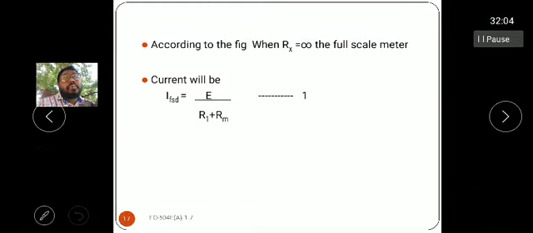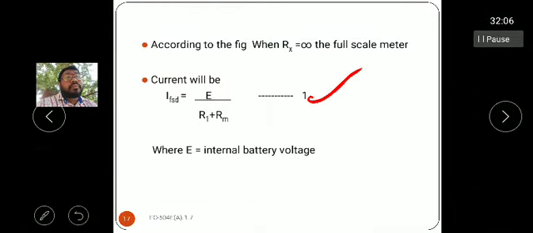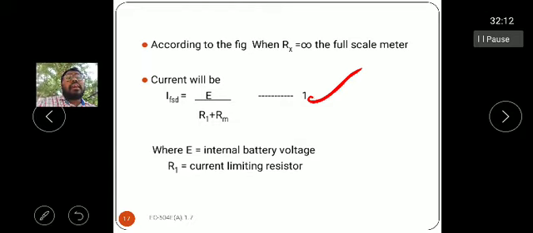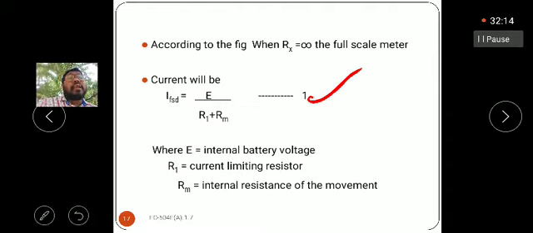This is equation 1. Here capital E is the internal battery voltage, R1 is the current limiting resistor, and Rm is the internal resistance of the movement.